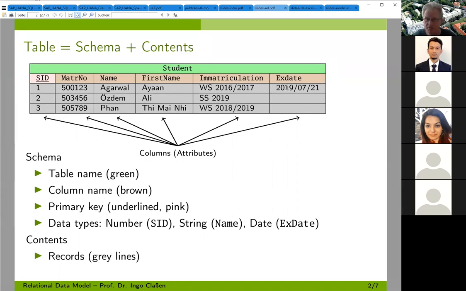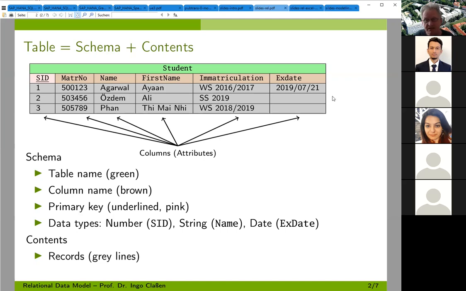Namely, if it were a string, you could insert every kind of string. For example, you could insert 2019-06-31. From a syntactical point of view, that would be okay, but there is no June 31. It's only 30, the largest day within June.